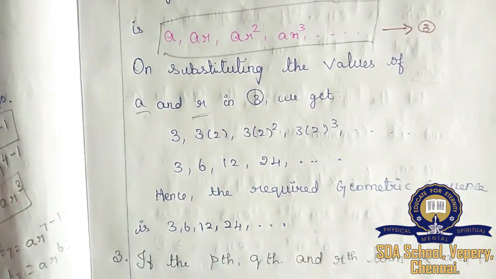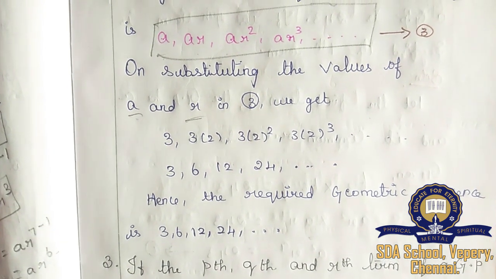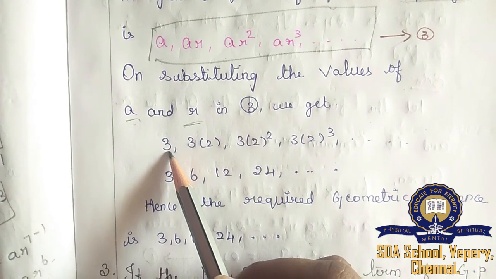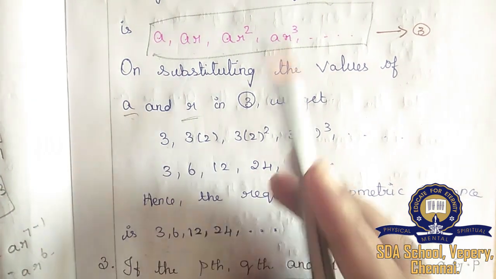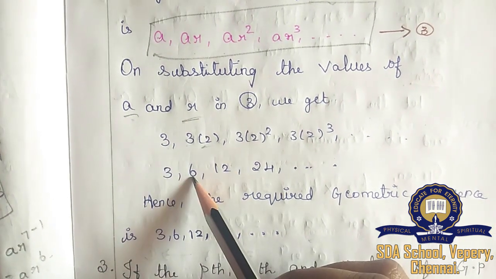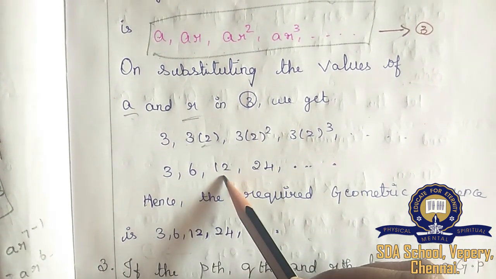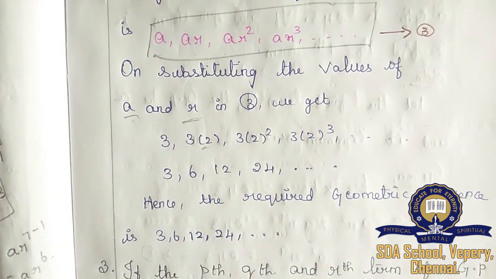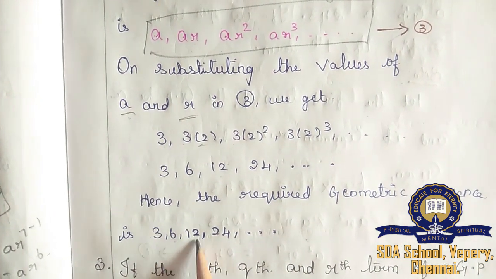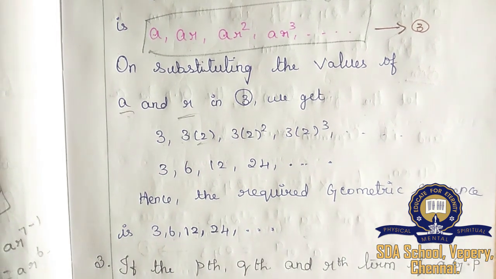So simply, can I substitute both these values in equation 3? Now what will happen? In place of a, I am going to substitute 3. In place of r, I am going to substitute 2. So 3 into 2 is 6. 3 into 2 square is nothing but 12, 24. So my required geometric progression sequence is 3, 6, 12, 24 and so on.